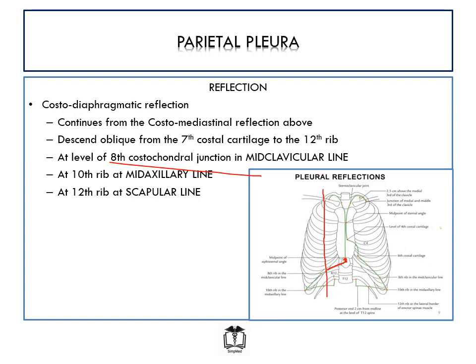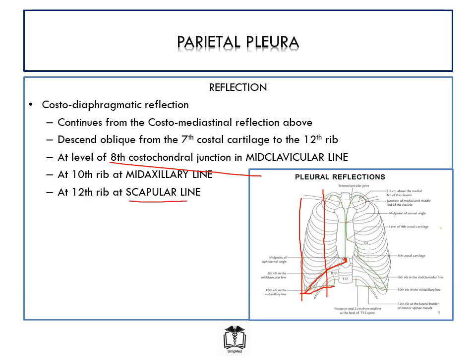As it keeps descending obliquely, once it gets to the 10th rib, not costal cartilage, the 10th rib, the costal diaphragmatic reflection is said to be at the mid axillary line. And then finally, once we get to the 12th rib, we say that the costal diaphragmatic reflection is found at the scapular line.